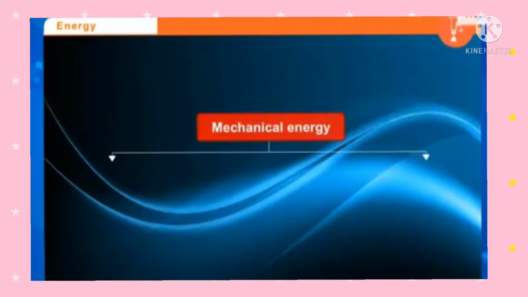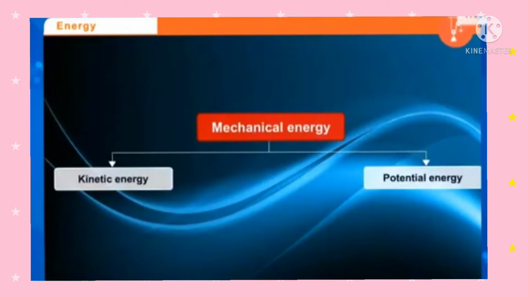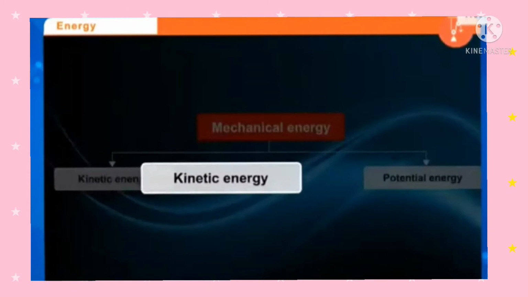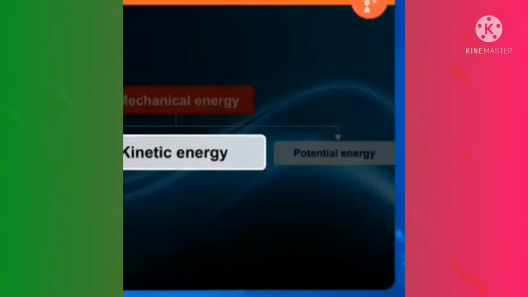In this chapter, we are going to study two forms of mechanical energy, namely potential energy and kinetic energy. Are you getting me, children? We are going to learn these two types of energy. So first, let us begin with kinetic energy.